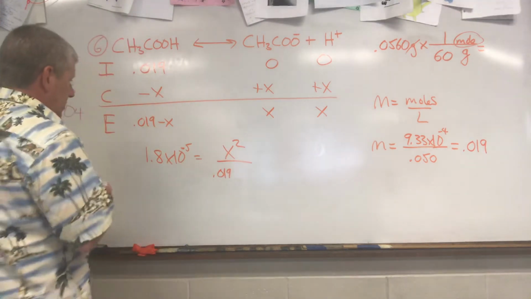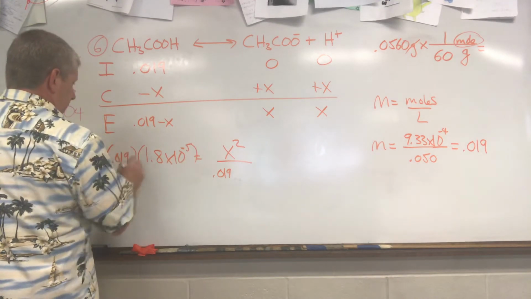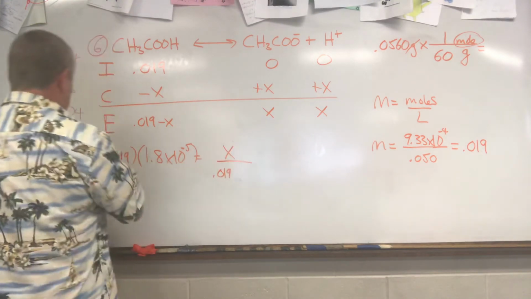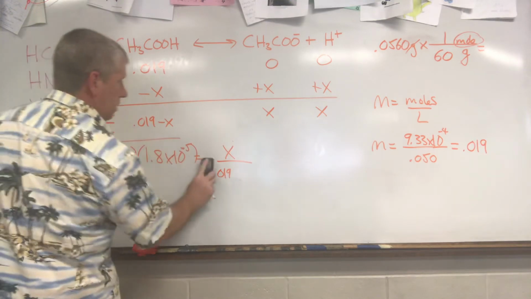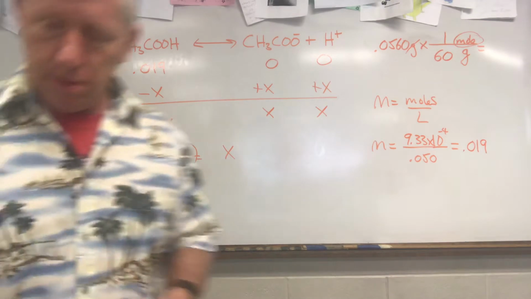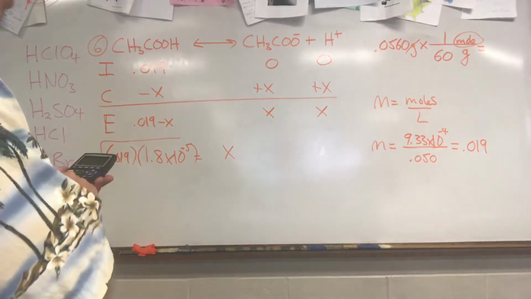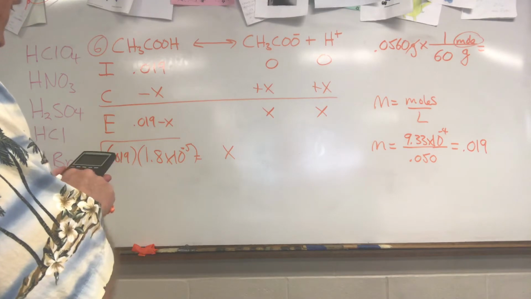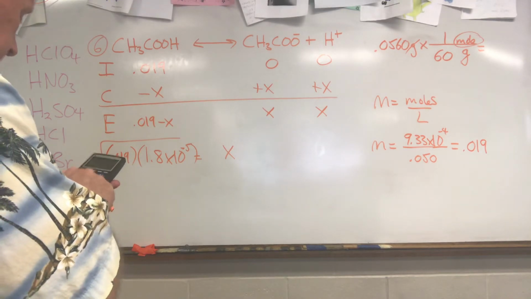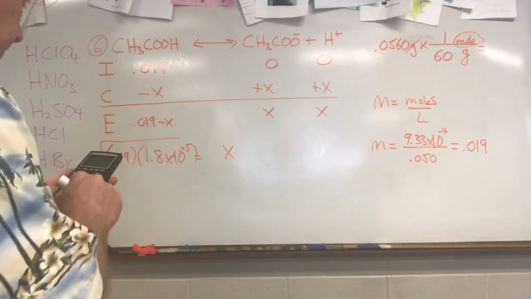So we'll cross multiply these and then take the square root, and that will give me x. So let's do 0.019 times 1.8, second function exponent -5, enter.